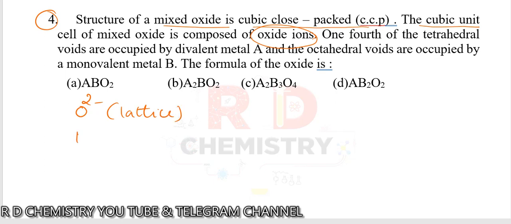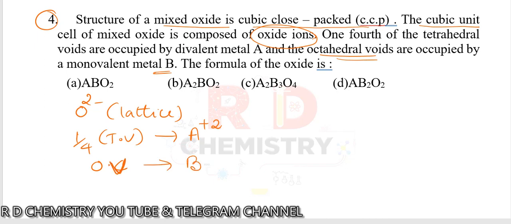And 1/4 of tetrahedral voids are occupied by divalent metal A. It is occupied by atom A, metal A, divalent, +2 charge. Octahedral voids are occupied by monovalent atoms. All octahedral voids occupied by the metal B, but the monovalent +1. They have a formula of the oxide. Okay.